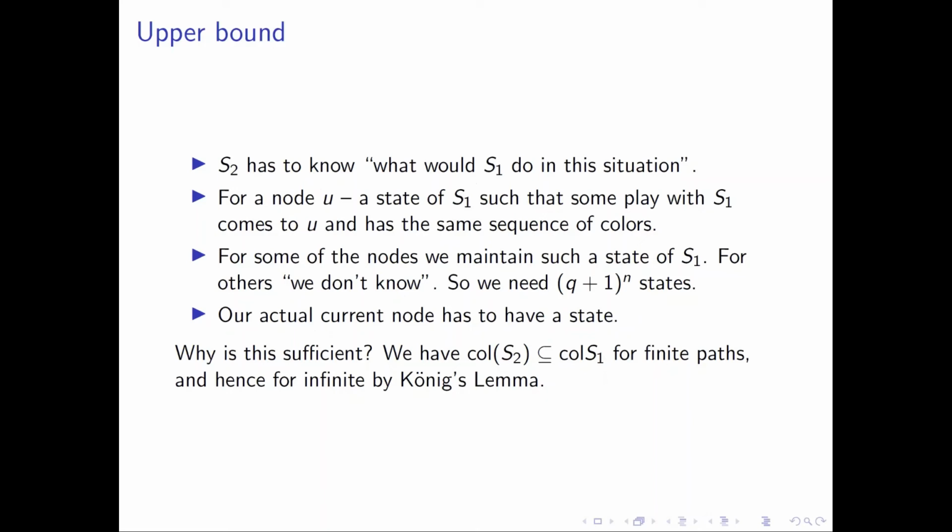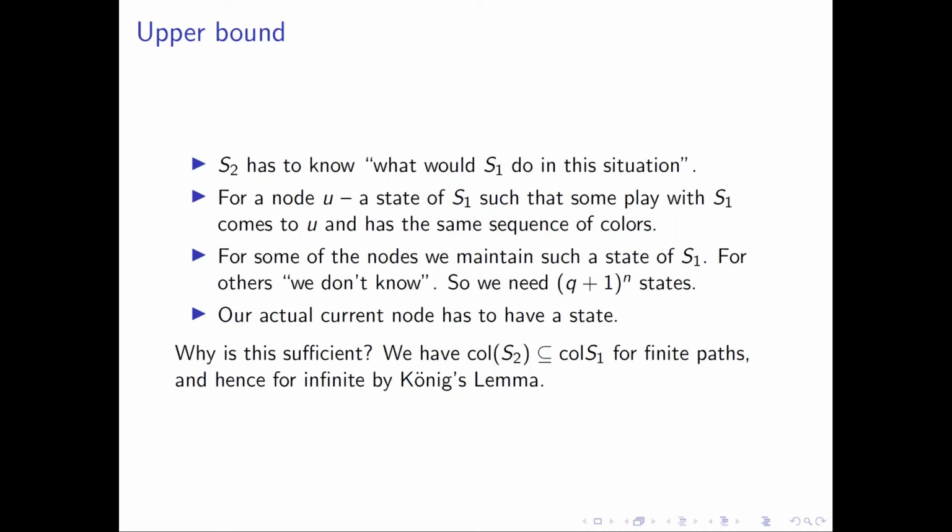What I mean by that: let's say we are talking about a node U. To know what S1 would do, we have to know some state of S1, right? Because the behavior of S1 is determined by the node from which it has to make a move and by a state of its memory. But this state should represent some similar situation.